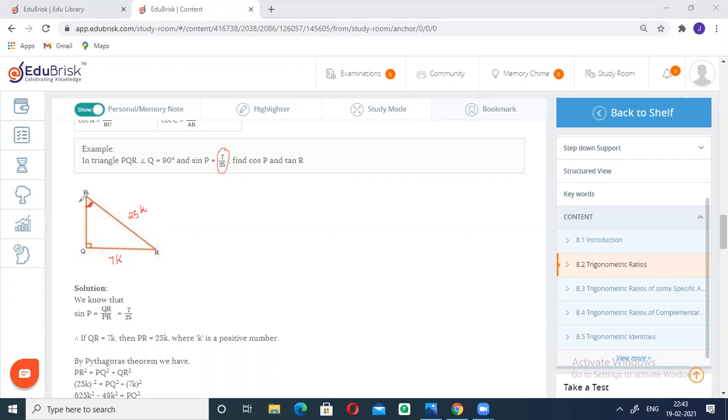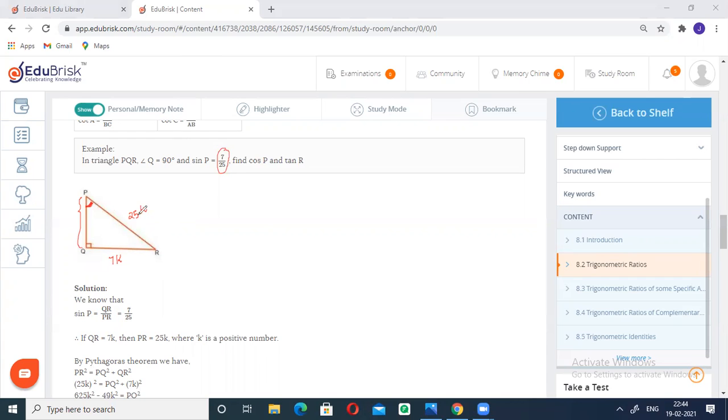Now the next thing is to find out this missing side. This missing side we can find out using Pythagoras theorem. Now what is Pythagoras theorem? It is hypotenuse square is equal to base square plus altitude square. So PR square is equal to PQ square plus QR square. So PQ square will be equal to PR square minus QR square.